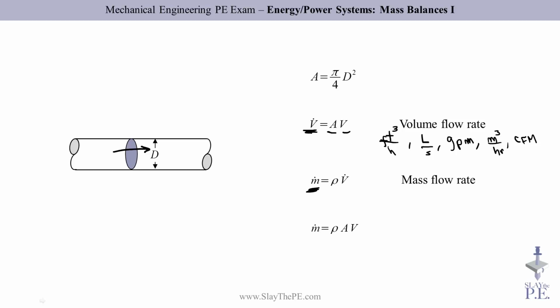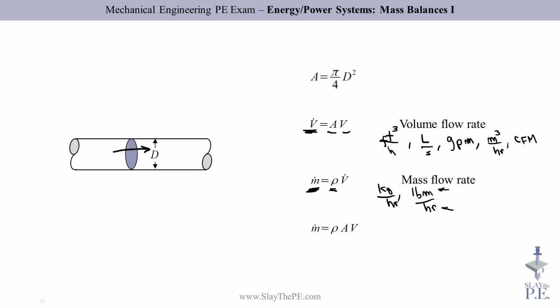The associated concept of the mass flow rate, m dot, is simply the density, rho, times that volume flow rate. So it gives you the mass that crosses the cross-section of the pipe per unit time. Therefore, its units are typically kilogram per hour, or pound mass per hour, anything that is a mass and then a time unit in the denominator.